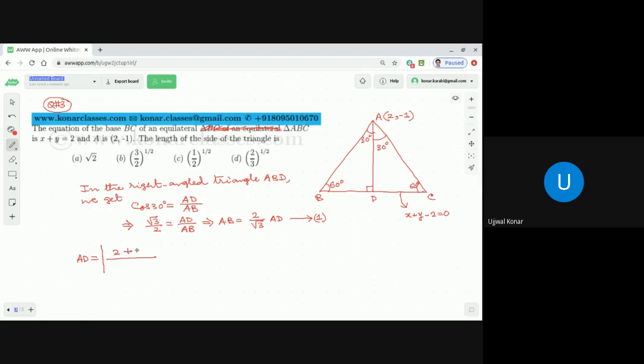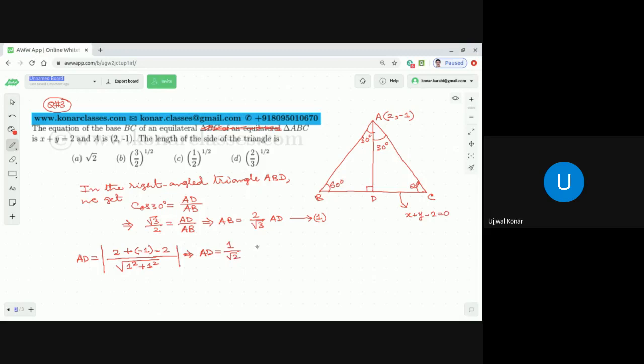Instead of y we write the y coordinate of the point A, that is minus 1, and minus 2, divided by square root of coefficient of x squared, that is 1 square, plus coefficient of y squared, that is 1 square. So we get 2 minus 3, that is 1 by root 2. It is the mod value, because we only take the positive value as it is a distance. So the value of AD is 1 by root 2.